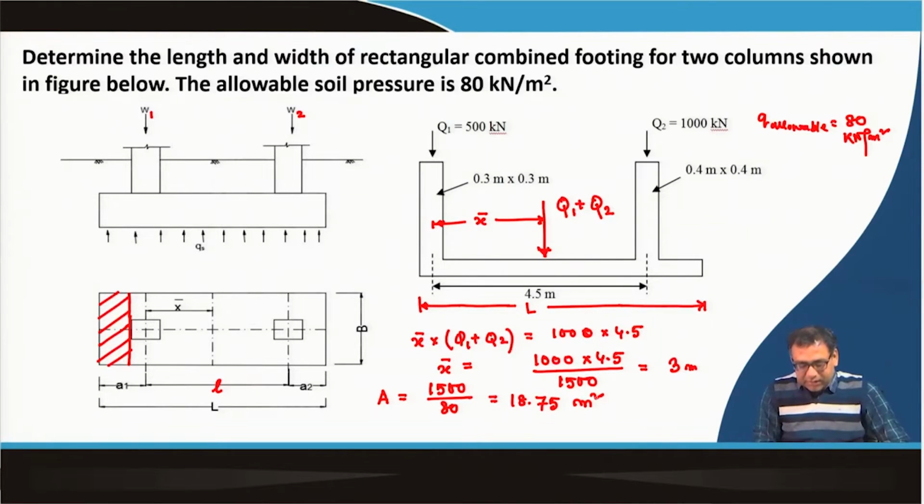So, if we multiply the allowable bearing pressure with the area, that load should be equal to the load that is coming to your foundation. Based on that we determine the required area, and that is 18.75 meter square. So, my L value will be how much?